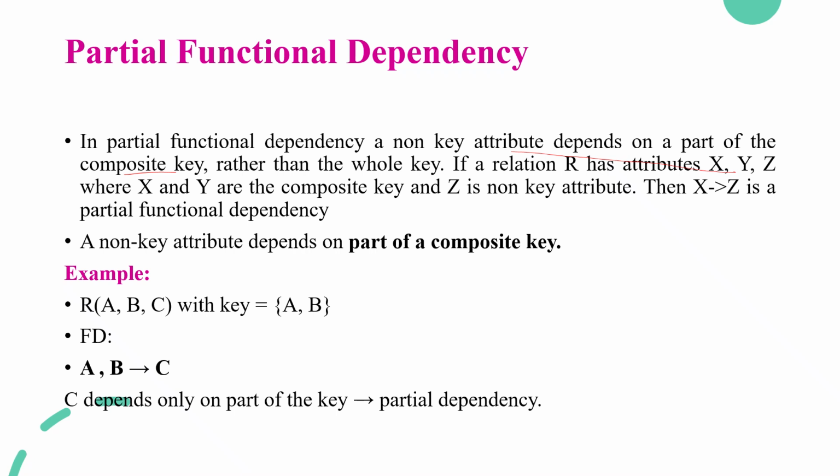So in a relation R, if you have the attributes x, y, z, where x and y are the composite key and z is the non-key attribute, then x determines z is a partial functional dependency.